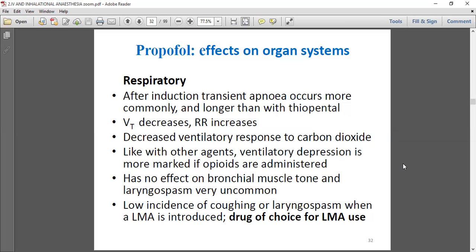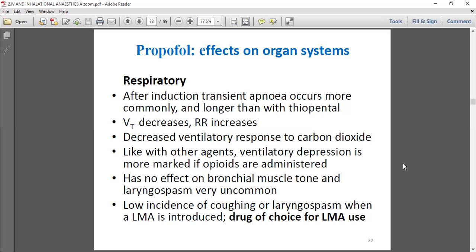Therefore, it will cause respiratory depression because our bodies depend on the presence of carbon dioxide to enhance breathing.